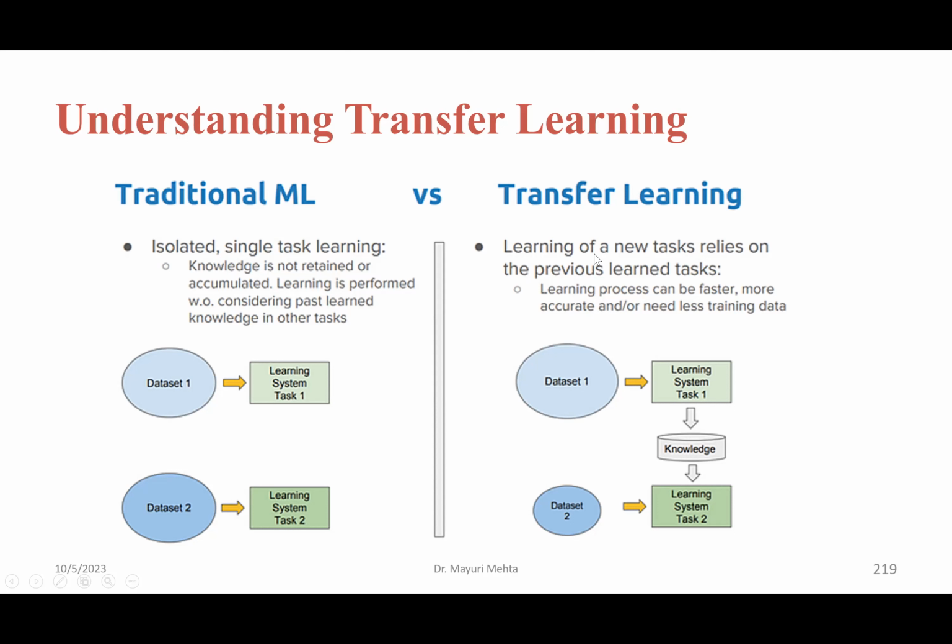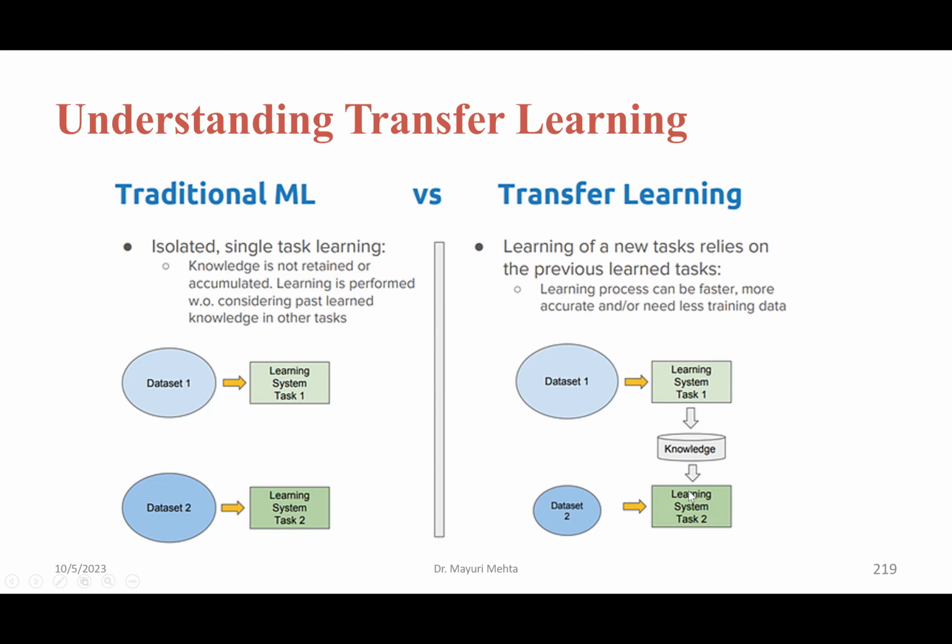But what is transfer learning? Learning of a new task relies on the previously learned task. So the learning process can be faster because a model has some relevant knowledge, and more accurate, or you can say it will need less training data. Here you can see how this scenario looks. Data set 1, learning system task 1, it retains this knowledge.